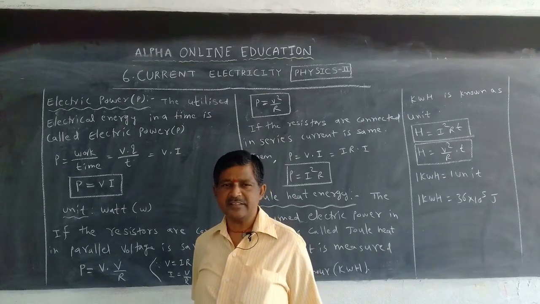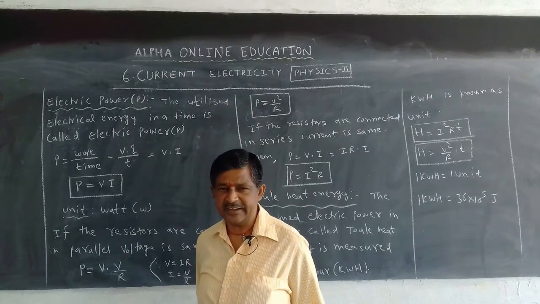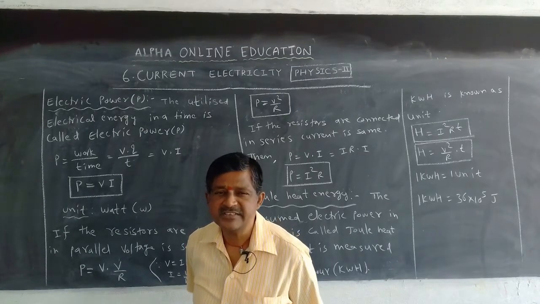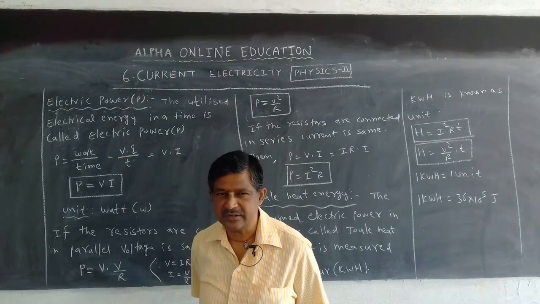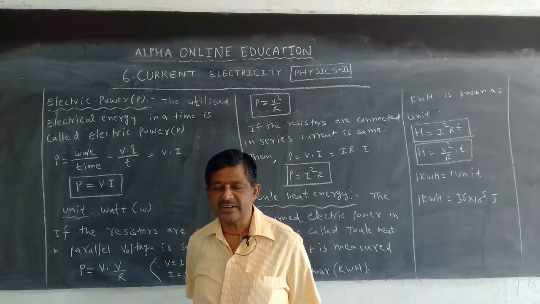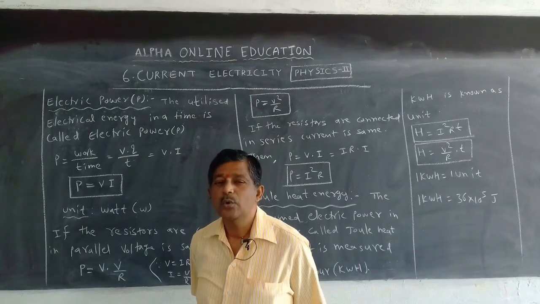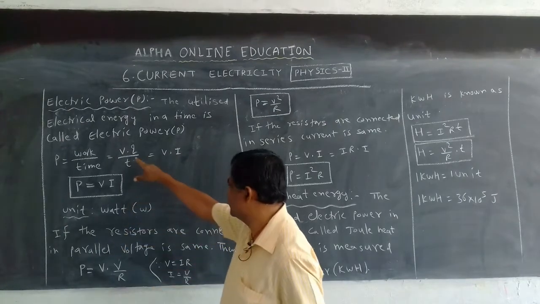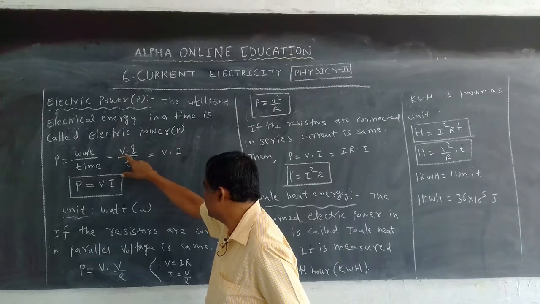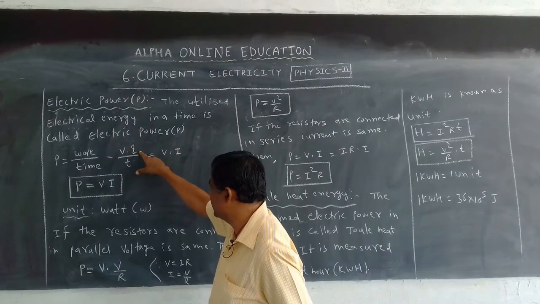What is the mathematical equation for electrical potential? V is equal to work by charge. So, work is equal to electric potential into charge.